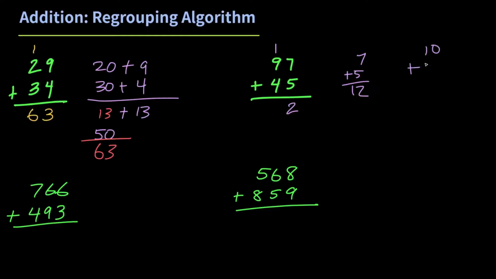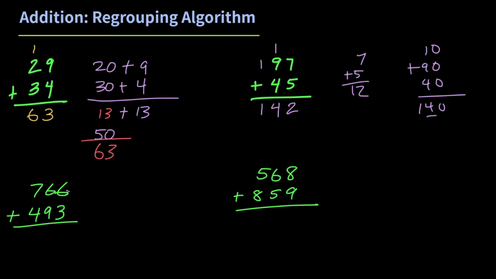Well, that's going to equal 140. So we're going to put a 4 in the tens place, carry the 100, and since there's nothing else, we have 142. The regrouping algorithm lets us add quickly without having to do all of this side work.